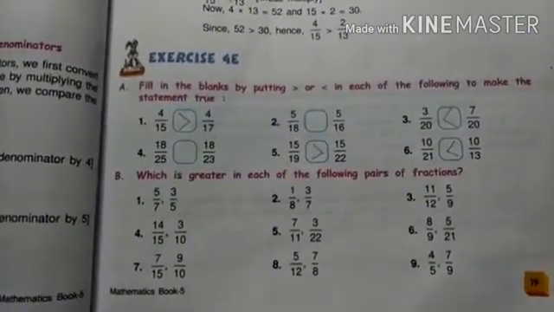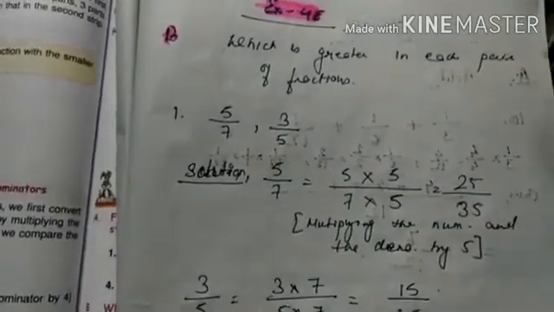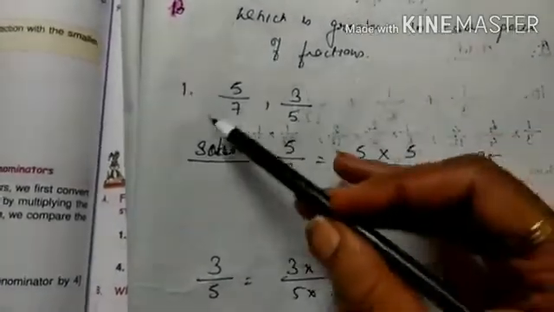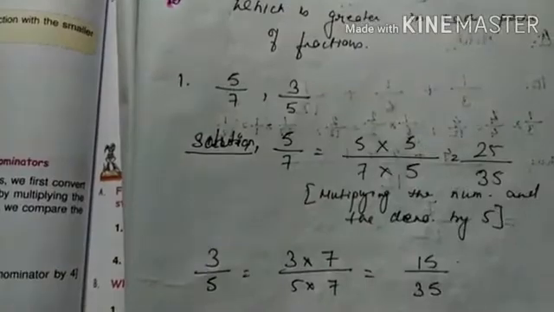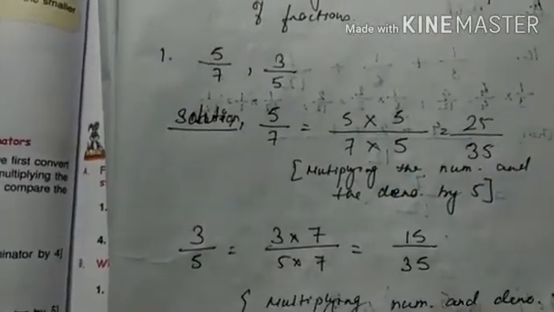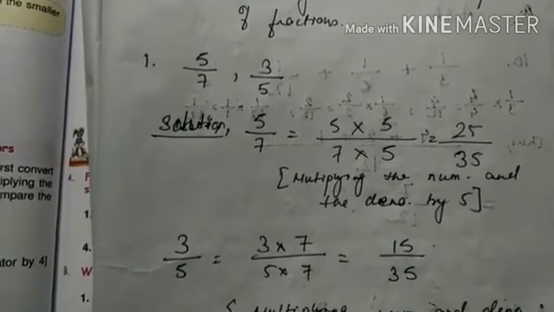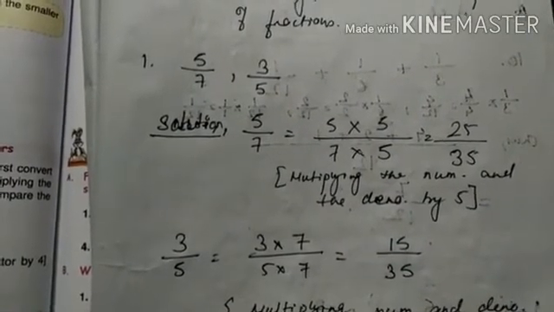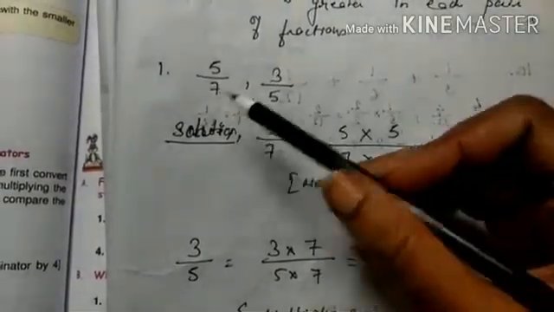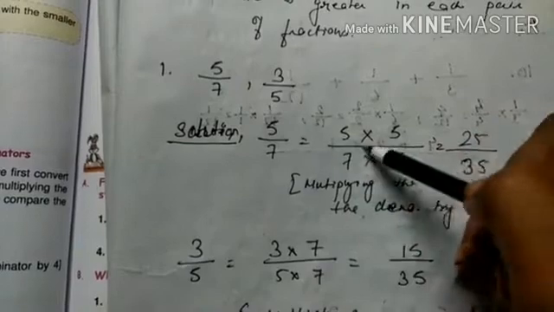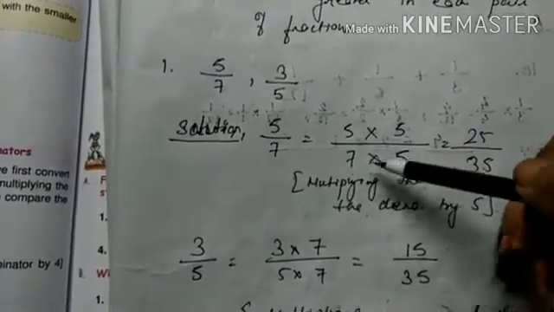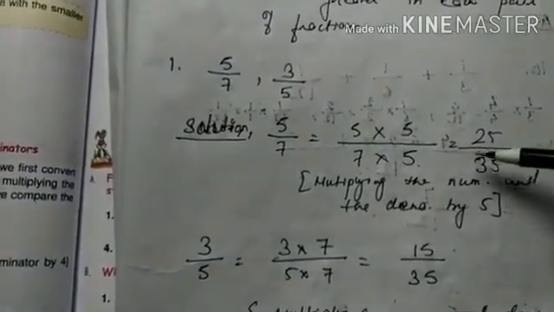Now, which is greater in each of the following pairs of fractions? Number 1, 5 by 7 and 3 by 5. For 5 by 7, first multiply the numerator and the denominator by 5 to get equal denominators. 5 into 5 and 7 into 5 gives 25 by 35.